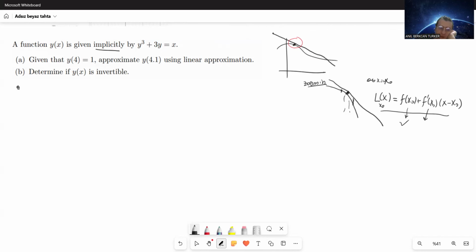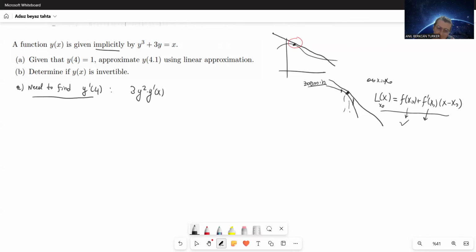So I need to find y prime of 4. What I should do is take the derivative of both sides. So we have 3y squared y prime of x.